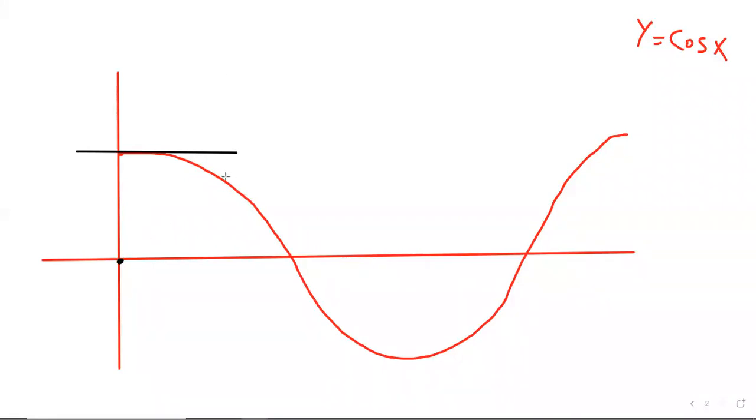And if you take a point after this point, you will find the tangent makes an obtuse angle with the positive direction of the x-axis, so the derivative is negative. So we'll go down here. The derivative is negative. And for this point here, if I draw a tangent, the derivative of this function is 0.